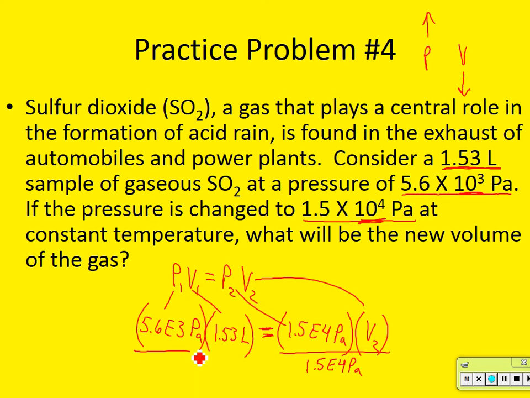So let's divide this side also by 1.5 e to the 4th pascals. Okay. What happens to the 1.5 times 10 to the 4th pascals right here? Cancels out. Yeah, anything divided by itself is 1. It cancels out. That's why we did it on that side. So V2 is the only thing left on the right side. So let's take this number, times it by this number, and then divide by this number and see what you get.